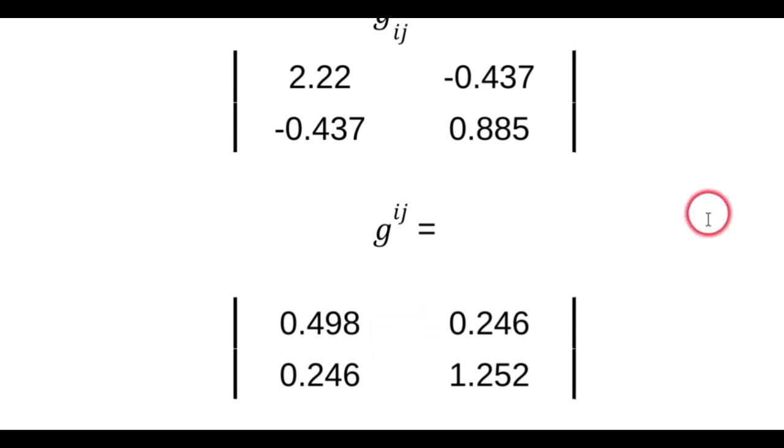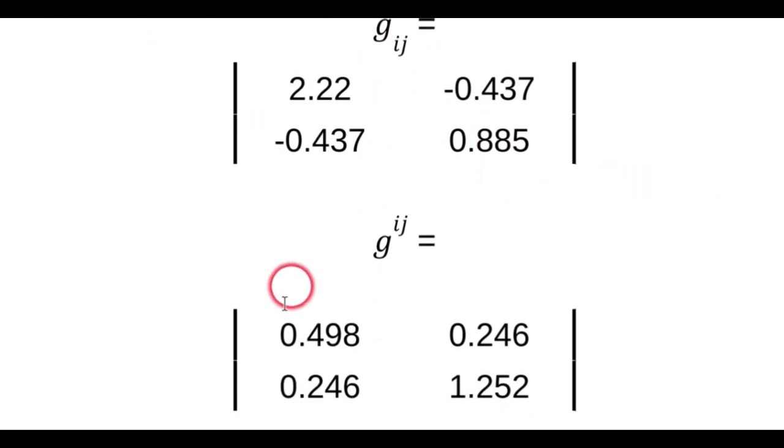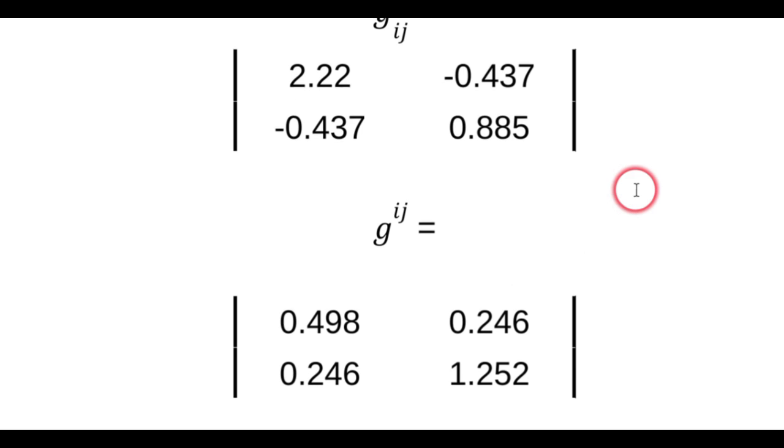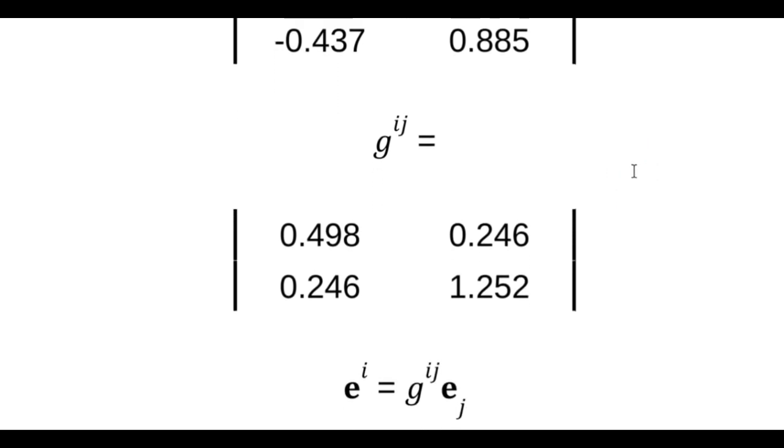Okay, so now we've got our covariant metric tensor and we've got our contravariant metric tensor. Now we can use what we already understand, how to raise and lower indexes. So we want to raise this index to a contravariant position. So we multiply the covariant position times the metric tensor components that we need.